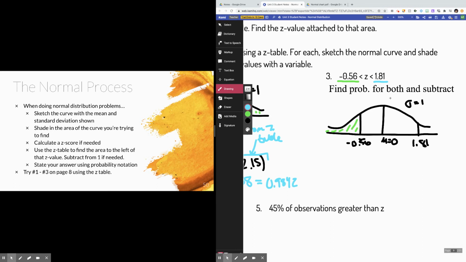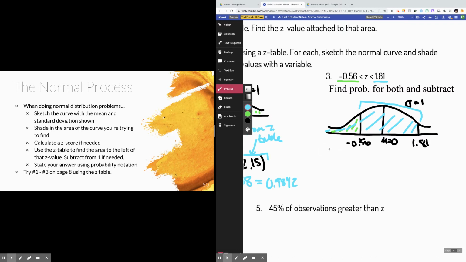The probability that we get from the z table for the upper number will give us this whole thing, right? So if we take the blue area, which is this whole thing, and subtract out the green area, it will give us just the area that we care about, which is this middle between area.